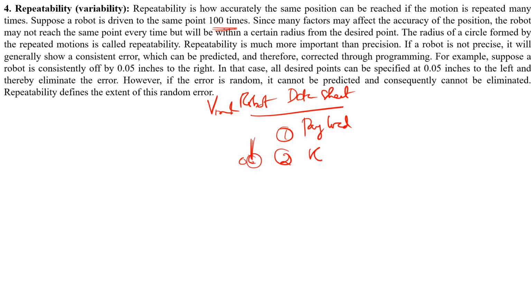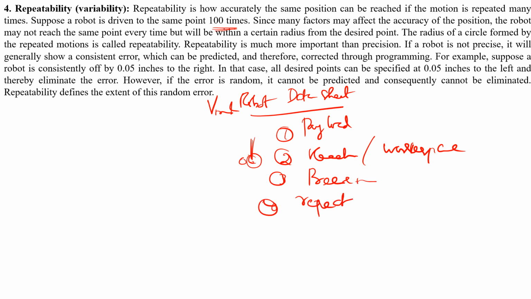The second one is the maximum reach, or we can say workspace. Third is precision, how much percentage, and the fourth one is repeatability. When a task is repeated, how fast it is repeating, or what is the accuracy for that. So you have to verify that repeatability.